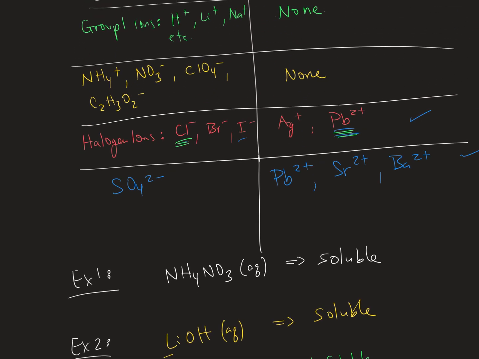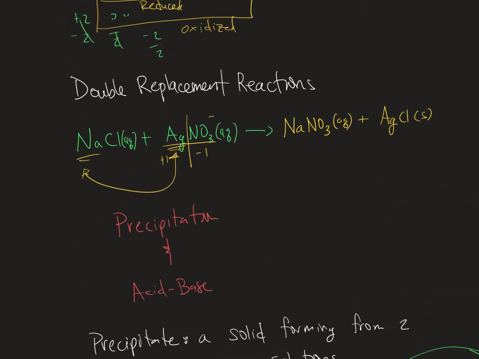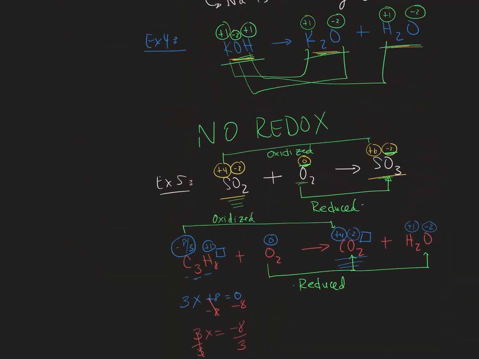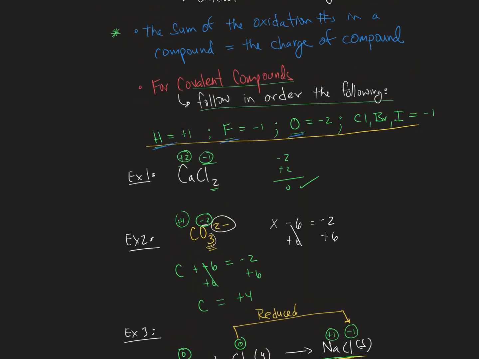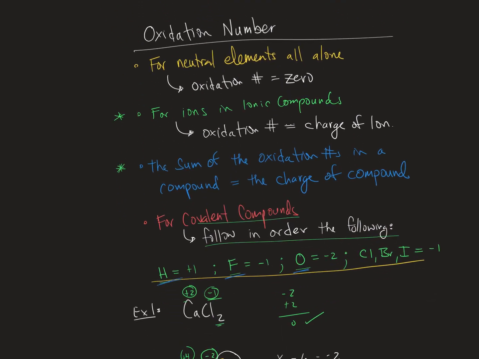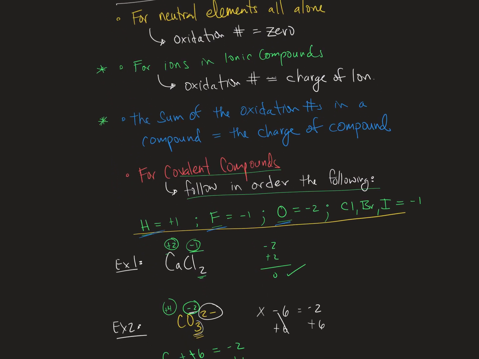Okay, I'm going to go back up here to these rules. How do we know just these ones right here? These are the diatomic molecules, except for nitrogen. Remember diatomic molecules?